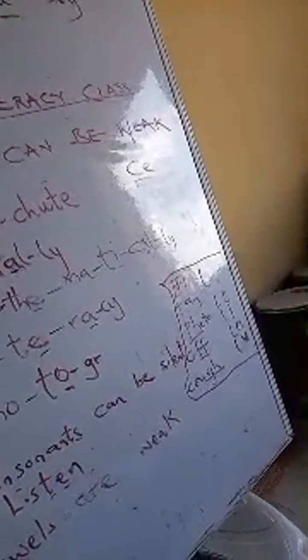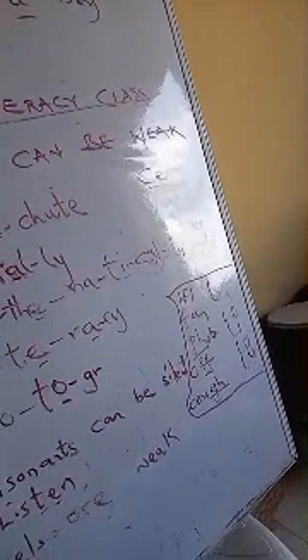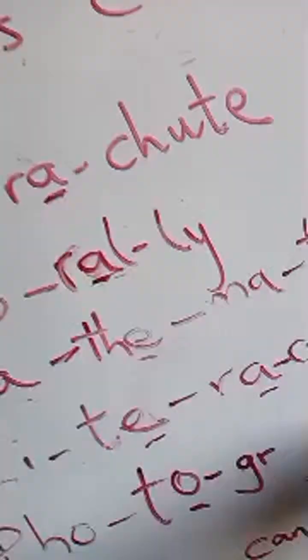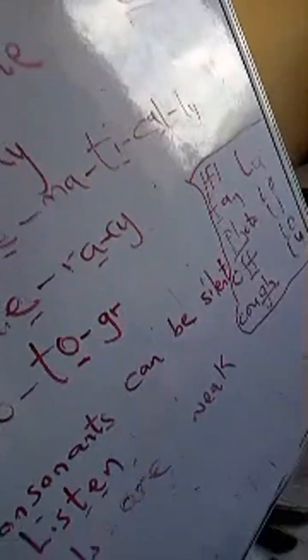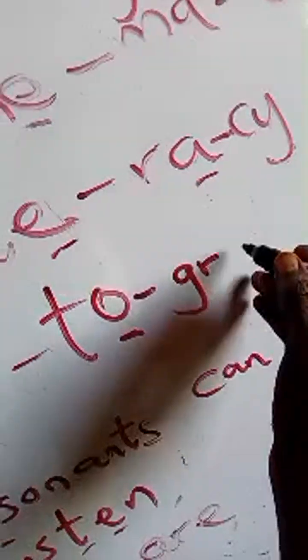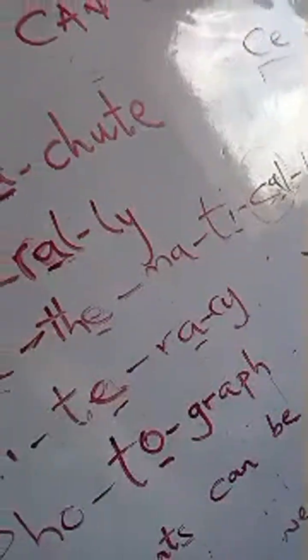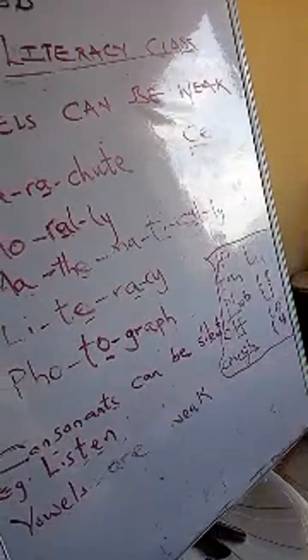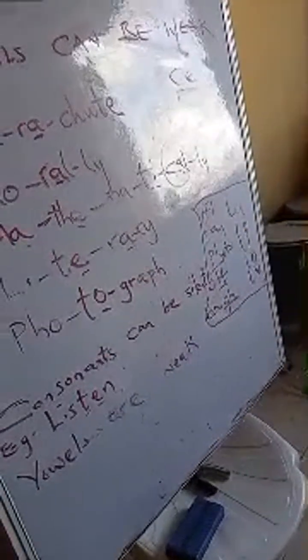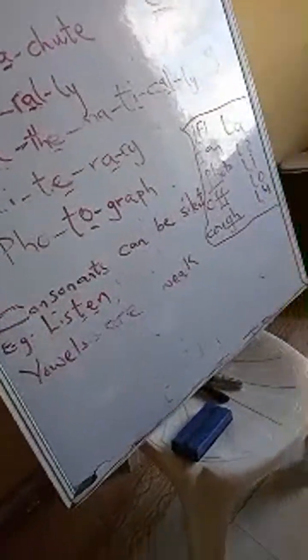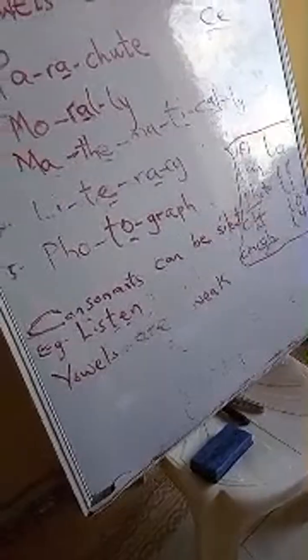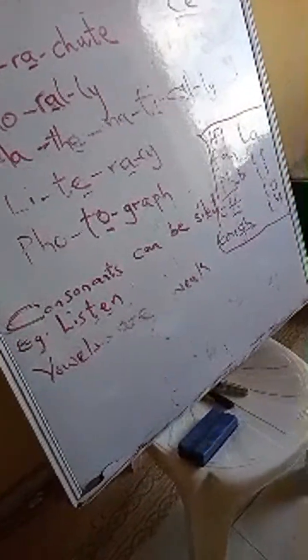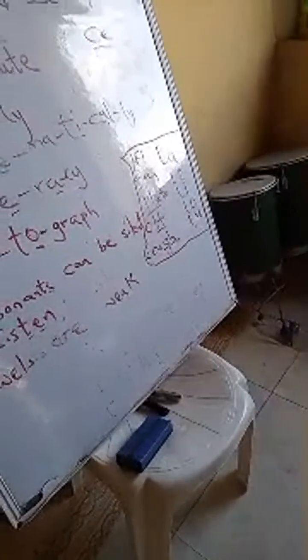G. But the F is not an F. Choose one of the F here. Which one is the answer? That is it. It is PH. This is graph here. That is graph there. That is photograph. So out of the 3 vowels, 1, 2, 3, only one is weak. Sorry, the other 2 are strong.